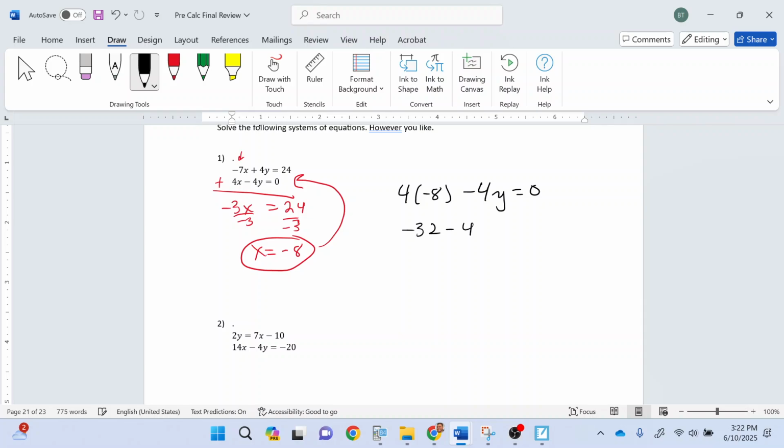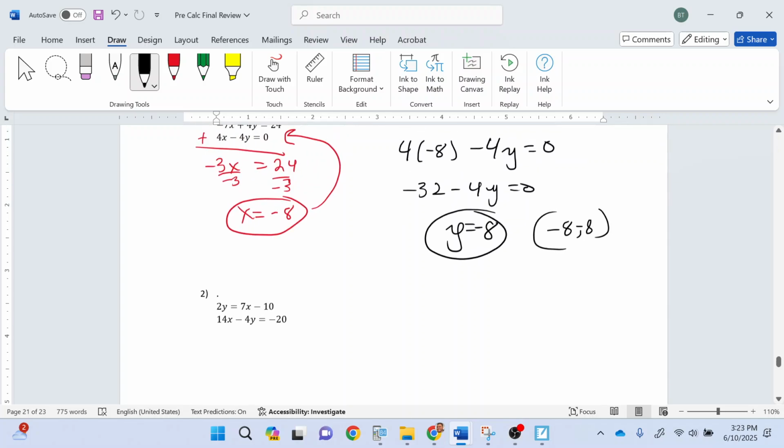Negative 32 minus 4y equals 0. A little bit of algebra, you'll figure out that y equals negative 8. They're both negative 8? I guess so, yeah. So because of that, your final answer is going to be negative 8, comma, negative 8.